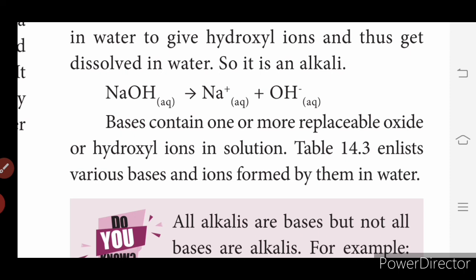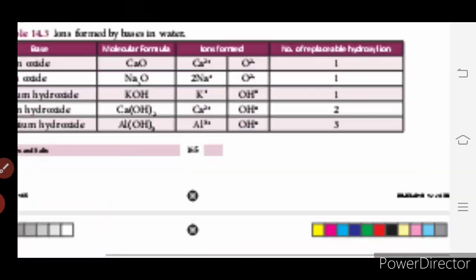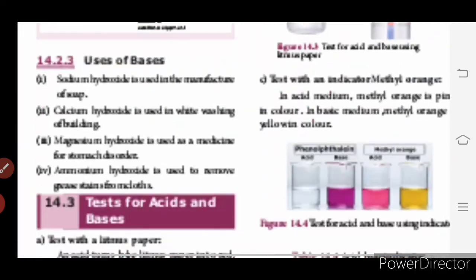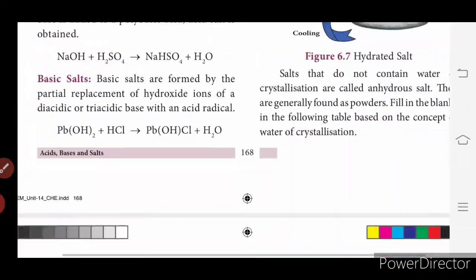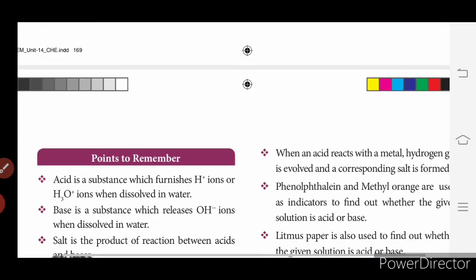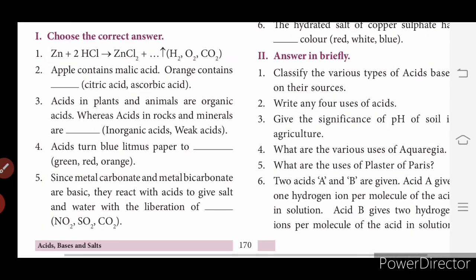Now we will see the classification of bases in the next session. Before that, at the back of the book you have fill in the blanks, choose the answer, answer briefly and answer in detail. You can try to find the answers for those we have covered.